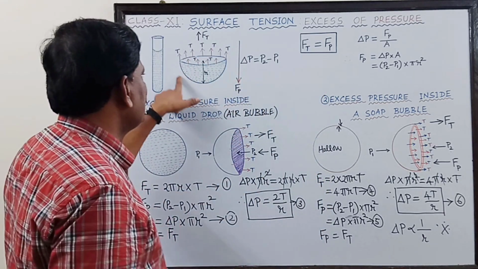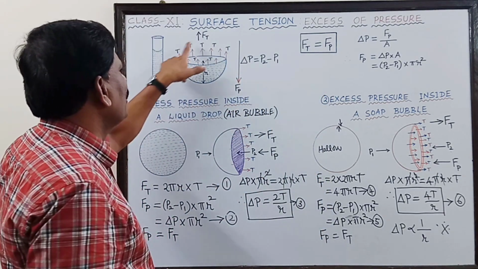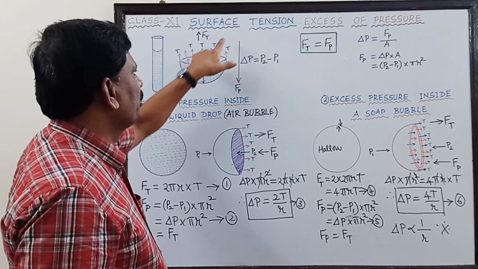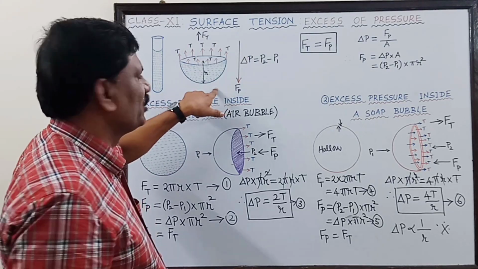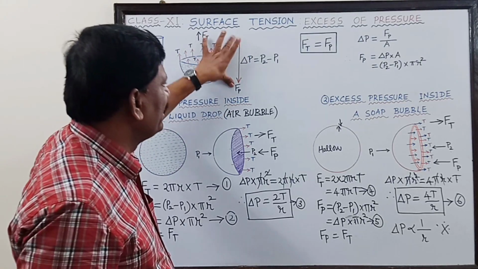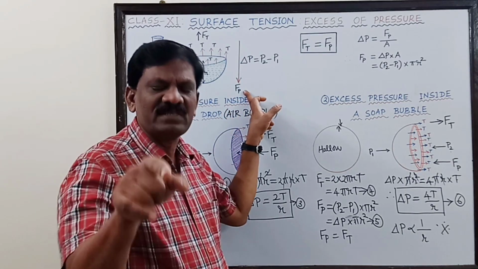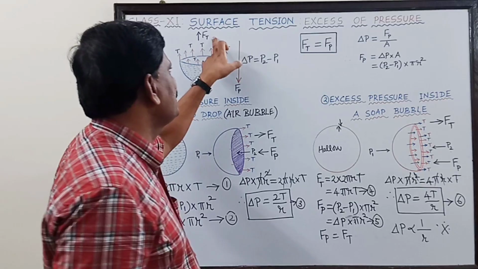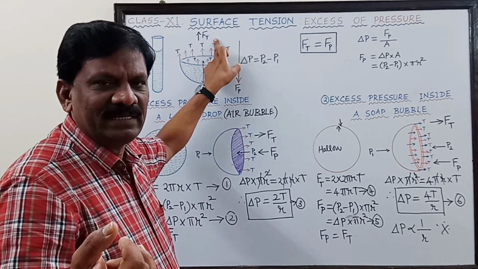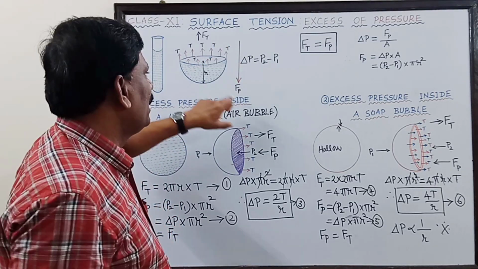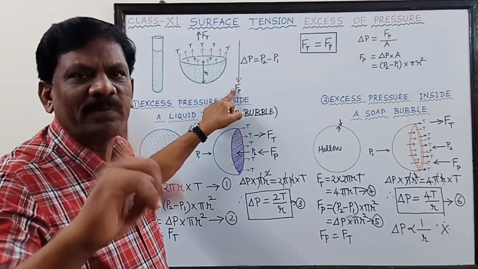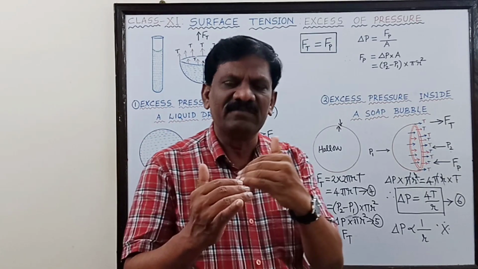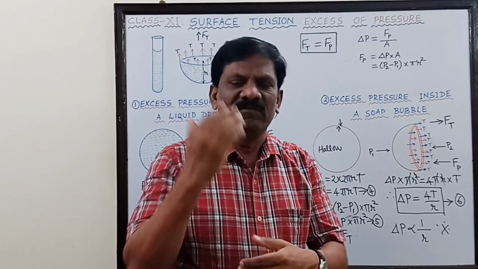So now this is convex surface and the top is concave. So the pressure outside should be greater than the pressure inside, so that the pressure difference should create a force in the downward direction. The force due to surface tension is upwards. To compensate this and keep the liquid in equilibrium, another force is created due to the pressure difference between the liquid surface and the vapor side.